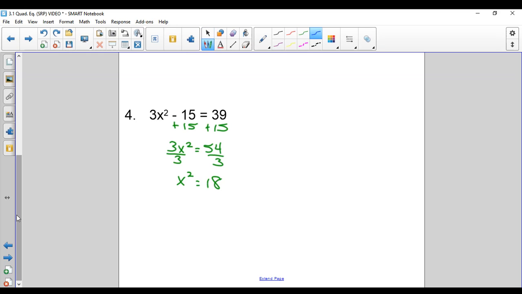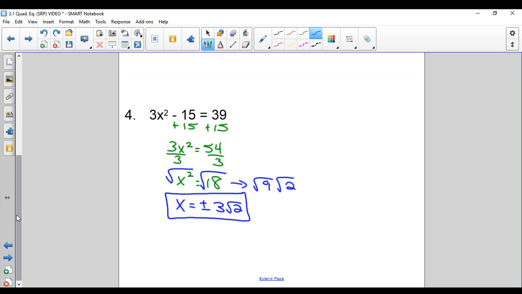X squared equals 18. Square root both sides. X equals plus or minus. That should be the first thing you write once x is by itself. X equals plus or minus whatever this radical breaks into. Square root of 9, square root of 2. So it's 3 radical 2. And there's our solution for that one.